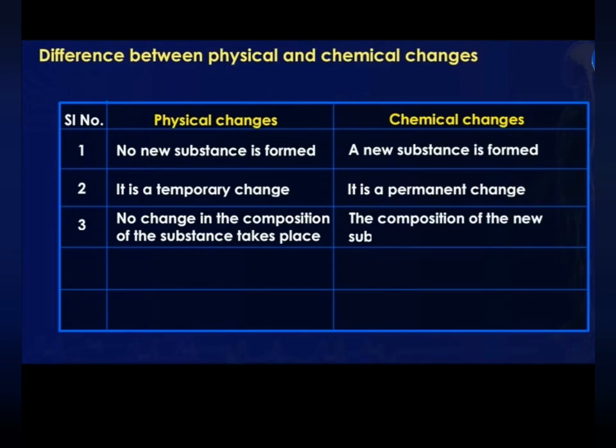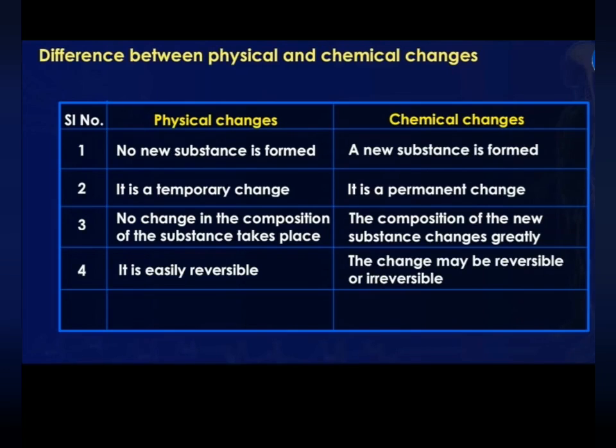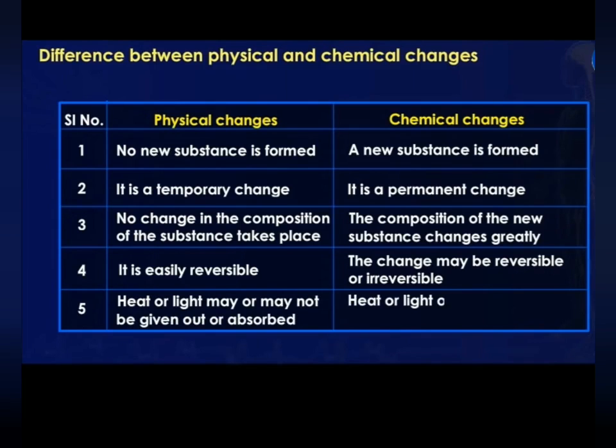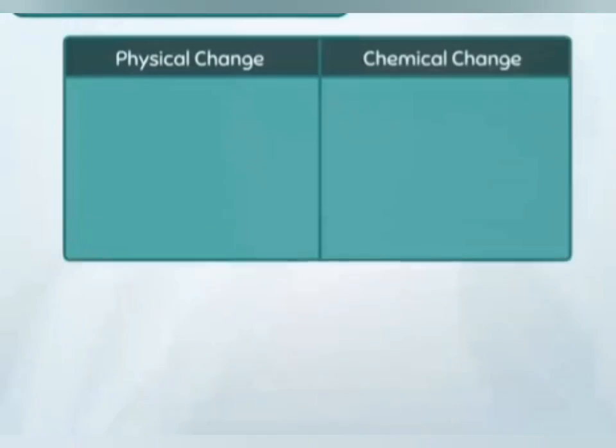The composition of the new substance changes greatly. Number 4. It is easily reversible. The change may be reversible or irreversible. Number 5. Heat or light may or may not be given out or absorbed. Heat or light or both are generally given out or absorbed.